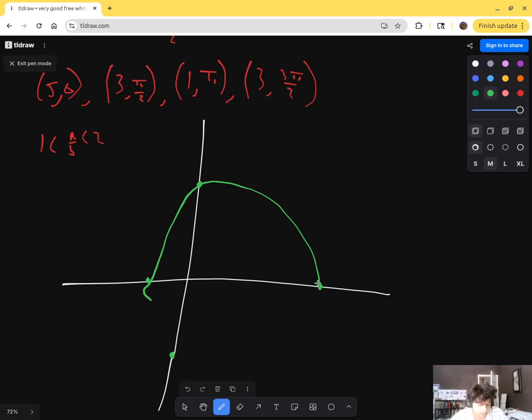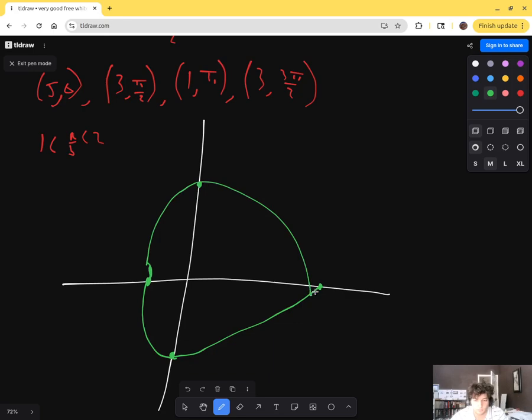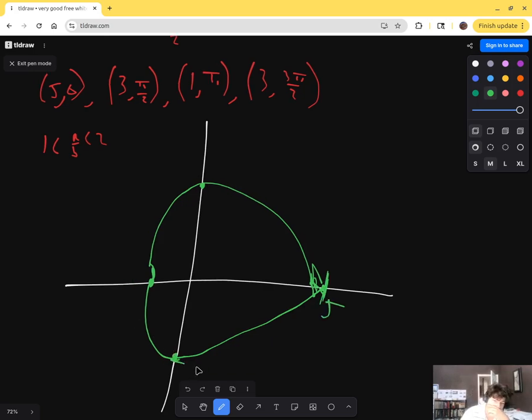Man, these are always hard to draw. So that is at 5, that is at 3. Okay.